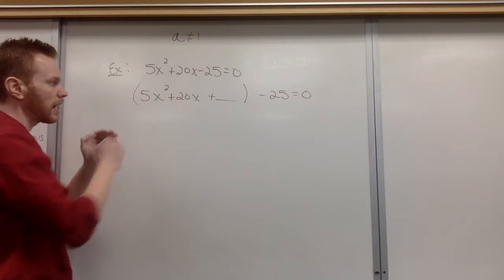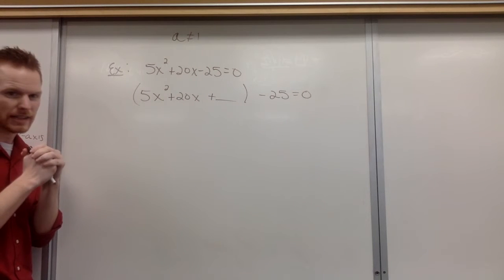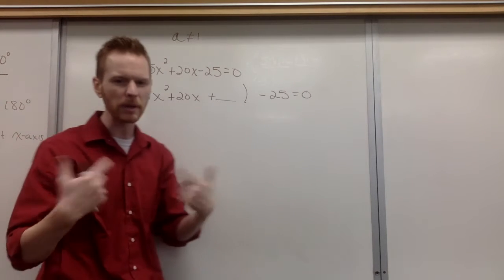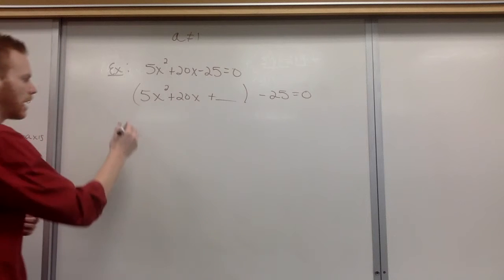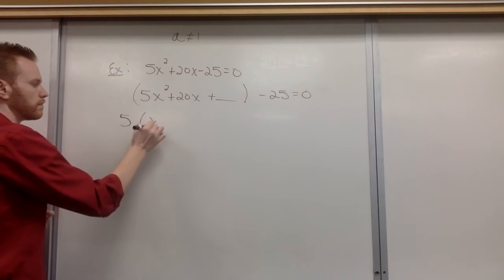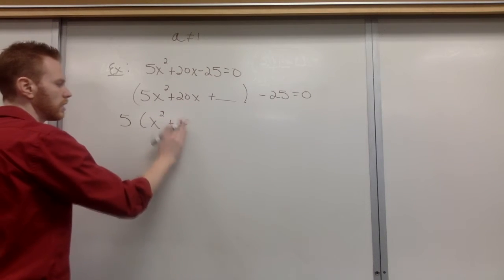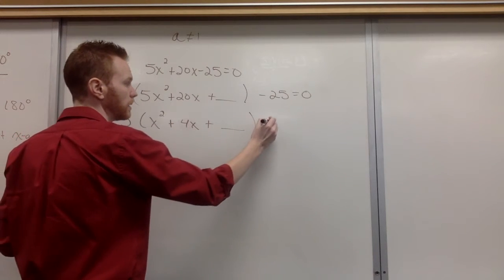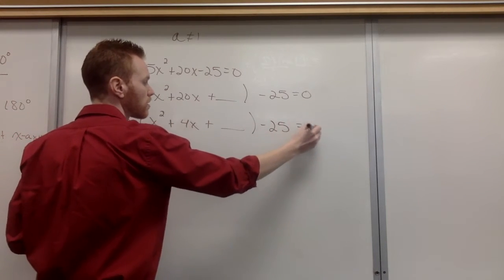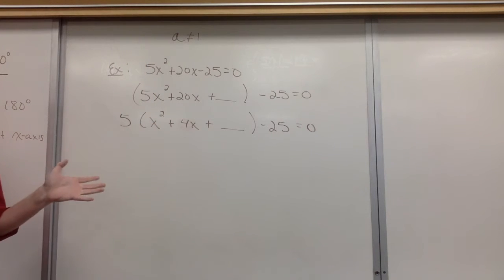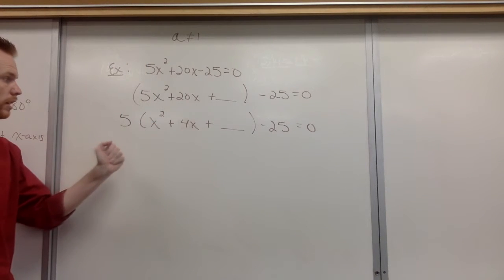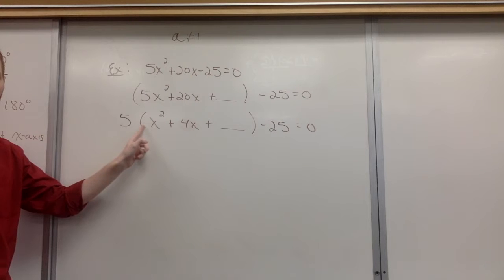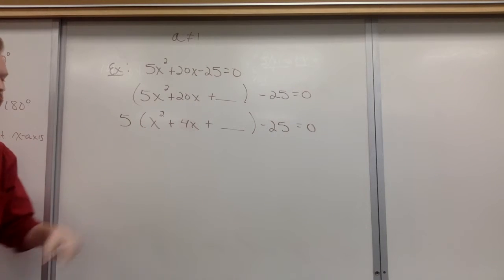Notice, because these two terms have coefficients that aren't exactly 1, and I want to make this a perfect square trinomial, I'm going to factor a 5 out of both of them. This accomplishes two things. One, it allows me to create a perfect square trinomial. And two, I don't have to worry about a value in front of the x squared. It's going to make it a lot easier to factor.